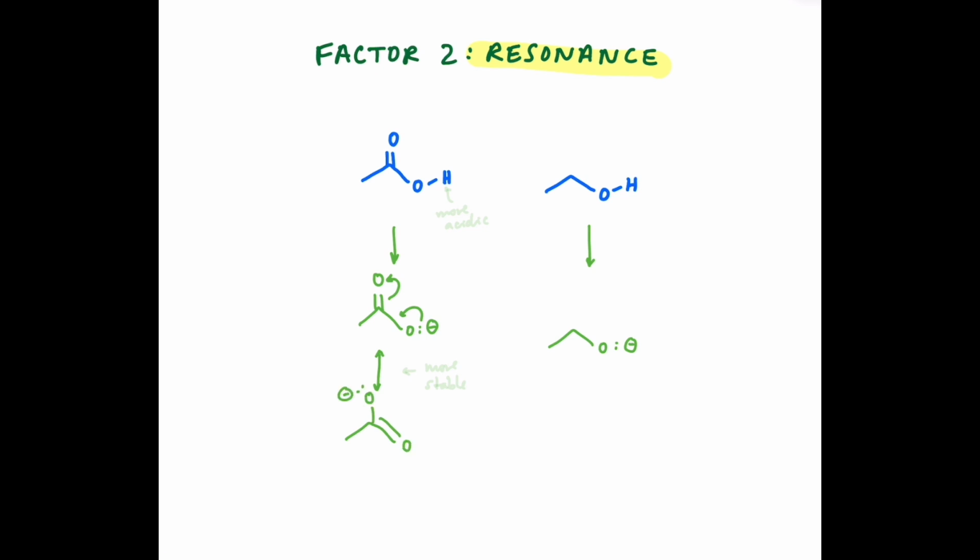And this makes it more stable because you're able to distribute that negative charge throughout the molecule. So in this case, this allows for a more stable negative charge, making this proton more acidic.